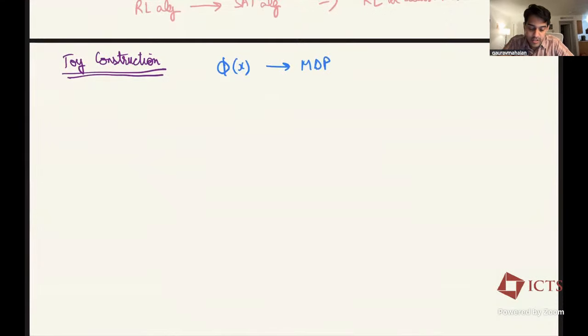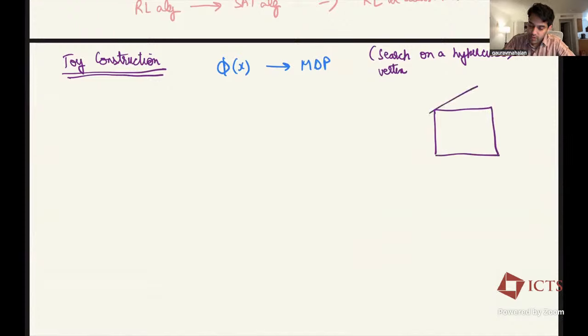And so this construction, the way it works, MDPs are games, right? So this is going to be a game where we are searching on a hypercube. We're searching for a vertex. So it's going to be some hypercube.